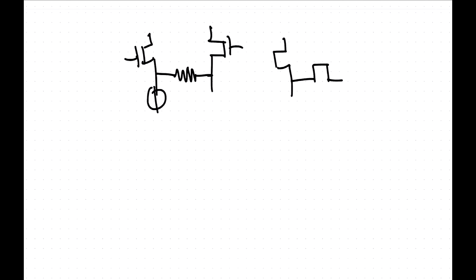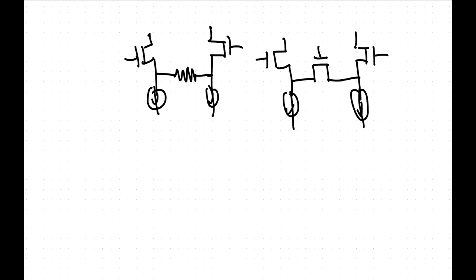So the current source is in there, like that, and you operate that in a linear region. So in the bias condition, there's going to be a zero drain source voltage across that.